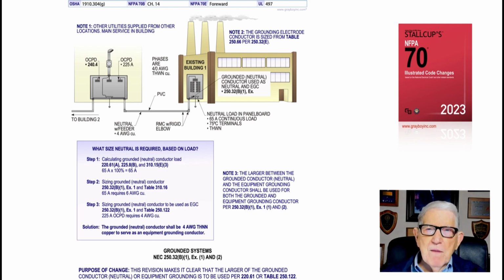So for example, you have a 225 amp main, and say you had 4 conductors feeding this panel board. First you ground the service, and say it's to structural steel or metal water pipe. 250.32(E) would basically say that you would need a number 2 based upon the 4/0.